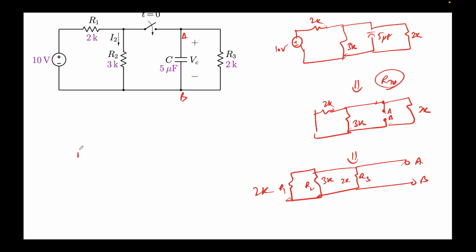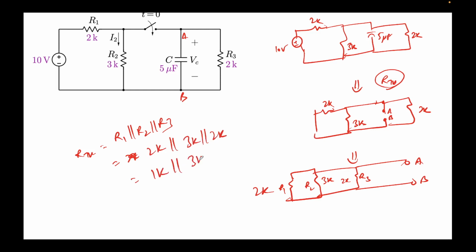So now we can clearly see RTH would be R1 parallel R2 parallel R3. This will be 2K parallel 3K parallel 2K. So 2K parallel 2K will become 1K, and 1K parallel 3K will be 3 times 1 over 3 plus 1 K, which is 3 by 4K.